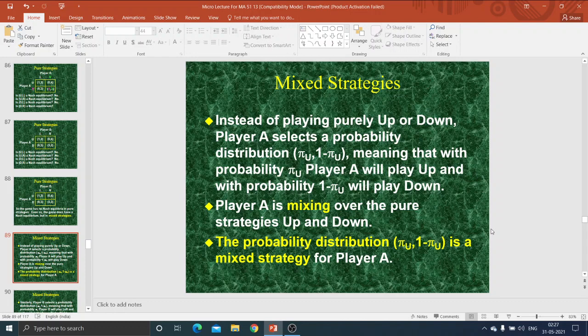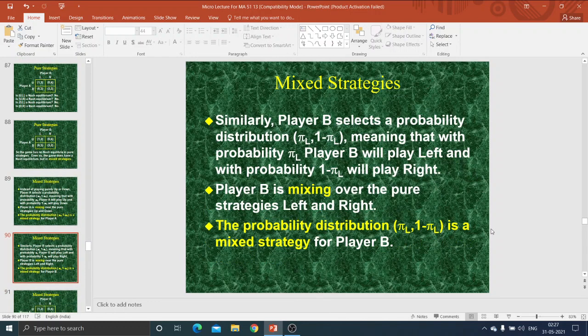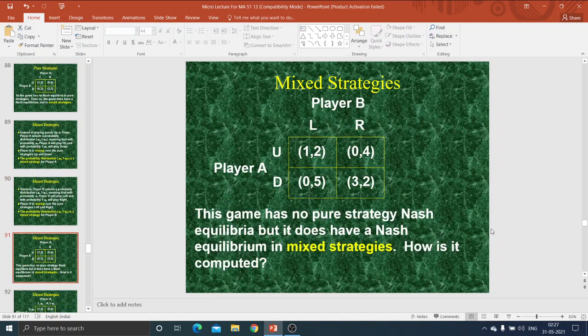The probability distribution pi u, 1 minus pi u is a mixed strategy for player A. Similarly, B also selects a probability distribution, pi L and 1 minus pi L, meaning that with probability pi L, player B will play left, and with probability 1 minus pi L will play right. So player B is mixing over the pure strategies left and right. The probability distribution pi L, 1 minus pi L is a mixed strategy for player B.